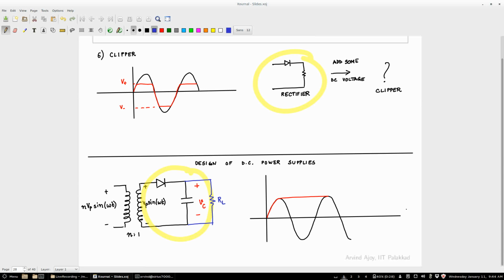But what do you want to do with the power supply? You want to drive a load, right? So I am going to connect now a load RL. The moment you connect a load, what will happen? This capacitor will discharge. Correct?